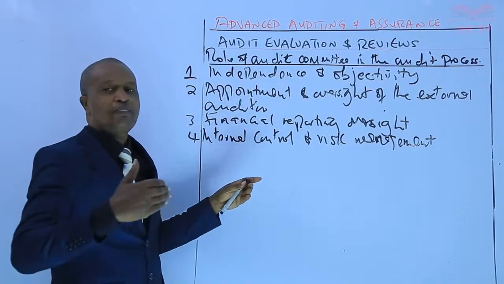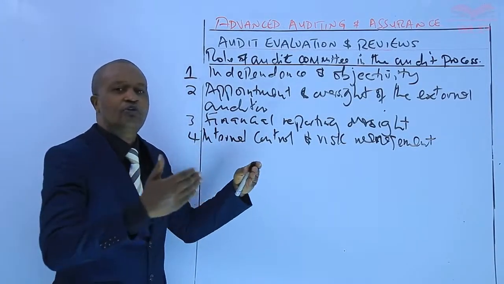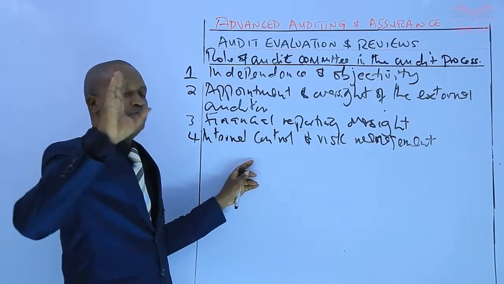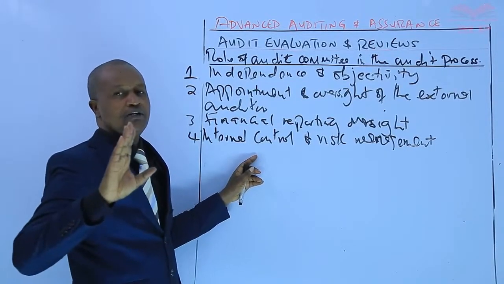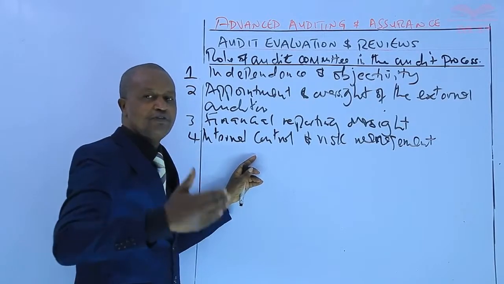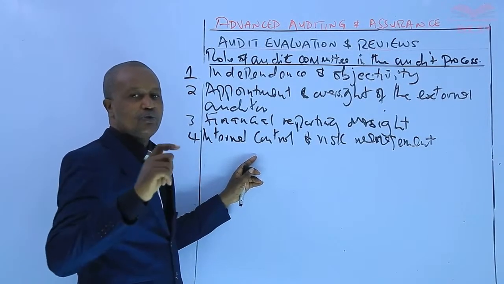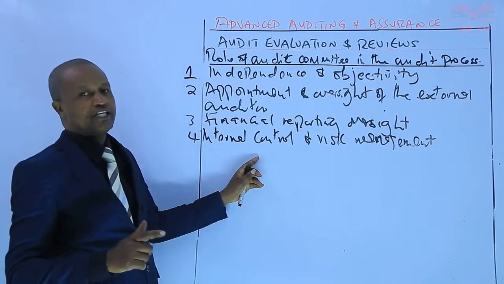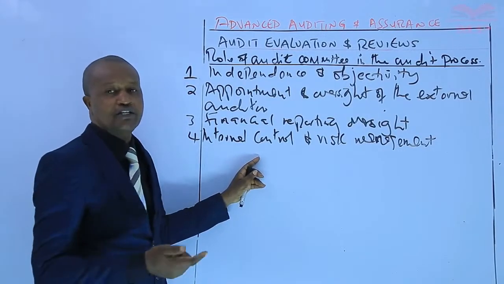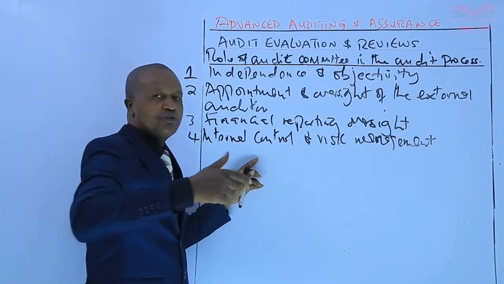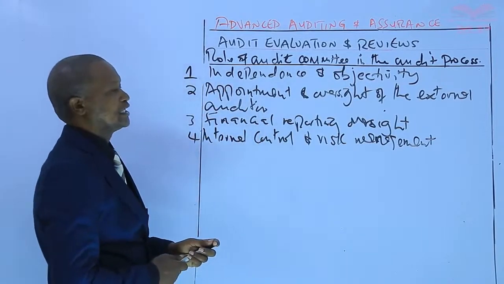This committee reviews the adequacy of internal controls to safeguard assets, to protect the company against fraud, and also to ensure the accuracy of financial reporting. And that may include monitoring the implementation of recommendations from internal and external auditors.